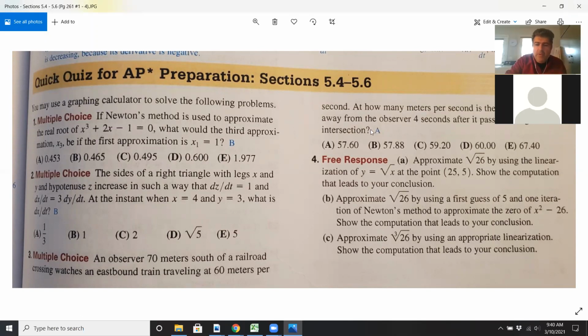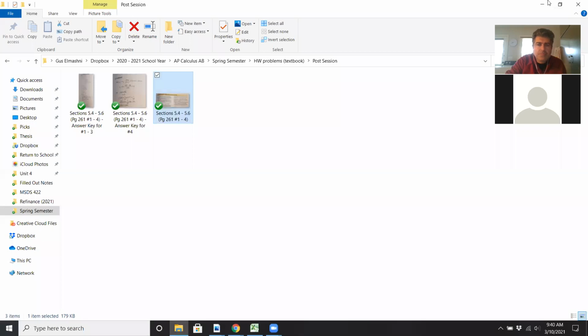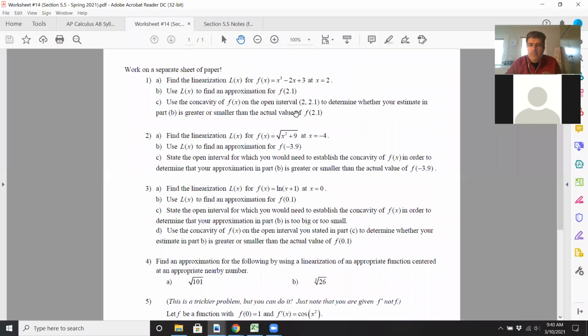Anyway, go and try number 2, and then we'll talk about it in just a second. I'm going to see if I can locate the answer key as well for that one. Actually, no, I don't think I have the answer key for that one.